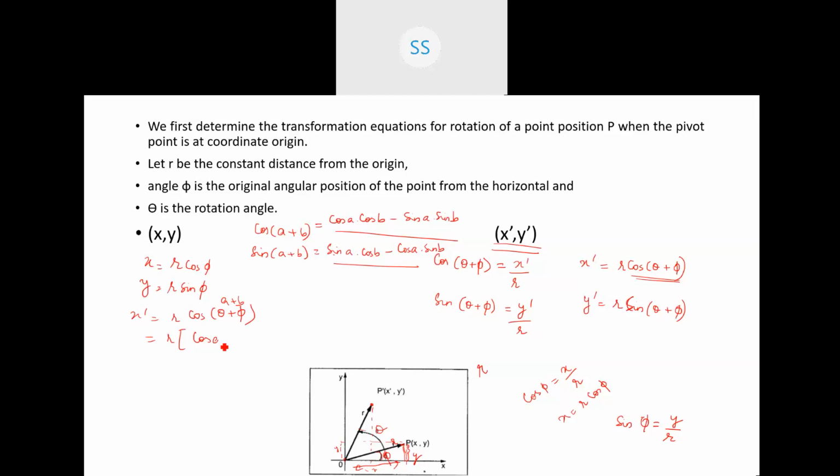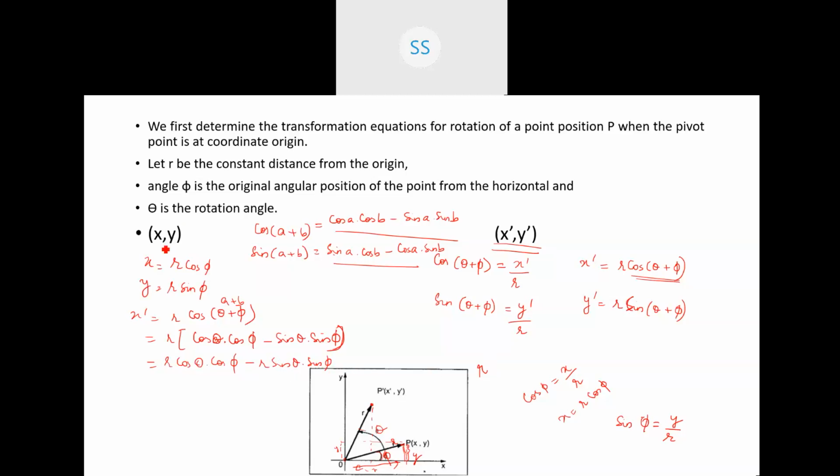So what do we write in place of cos a? Cos theta cos phi minus sin theta sin phi. Normally we can write it as r cos theta cos phi minus r sin theta sin phi, isn't it?